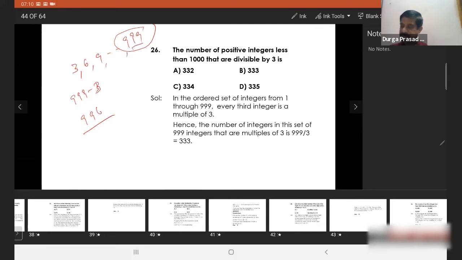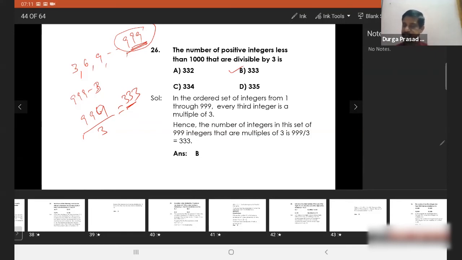So you divide this 999 by 3, and you'll get the count. So 999 by 3 is 333. So the total numbers lying below 1000 and positive which are divisible by 3 are 333. So option B satisfies.